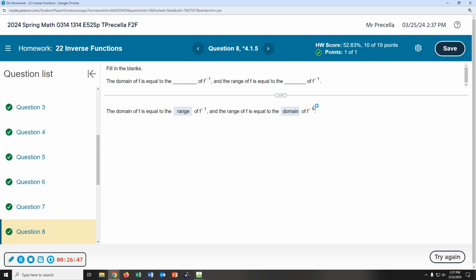When we're listing just a set of ordered pairs, we can look and decide pretty easily what the domain and the inverse are. We can tell easily if it's 1-to-1.